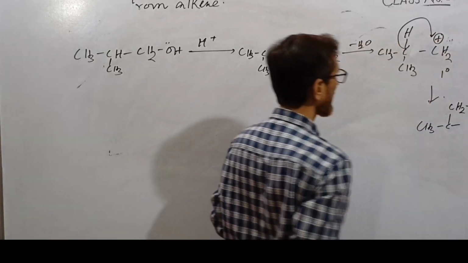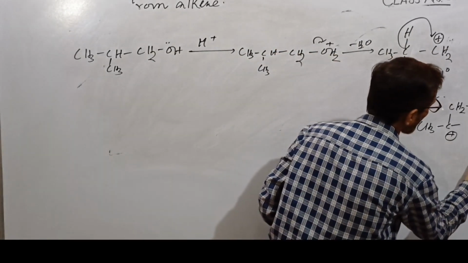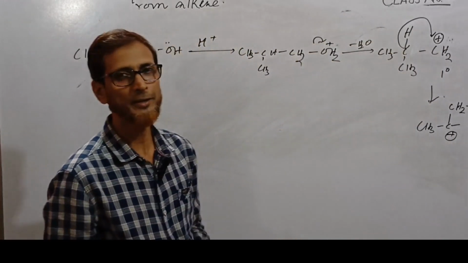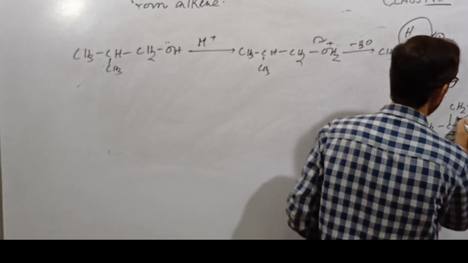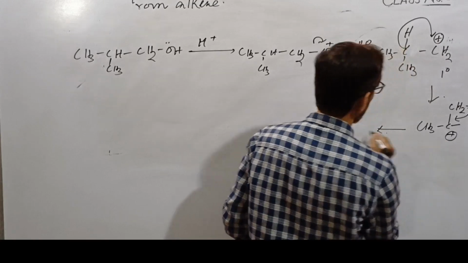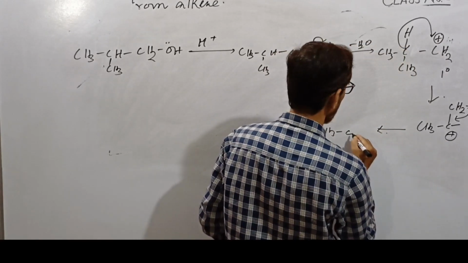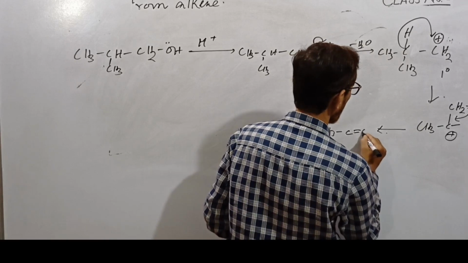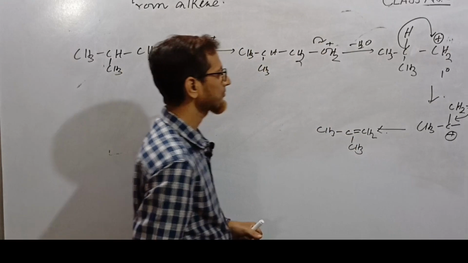You get a carbocation of type 3. Am I right? Now deprotonation occurs. You will get CH3, C, double bond, CH2, CH3.